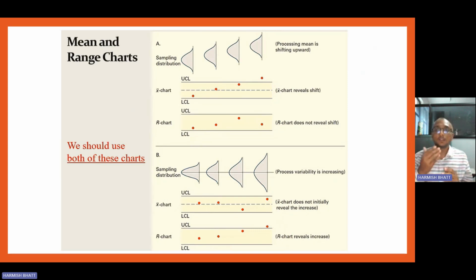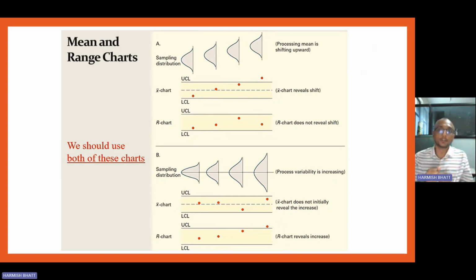It means that you can come to the conclusion by reading the R chart for case A that the process is under control. It means that both of the charts are giving you suggestions in opposite manner. So this will be the tragedy for us.